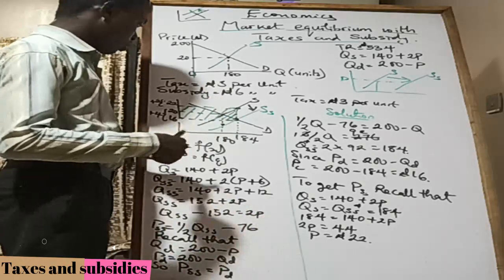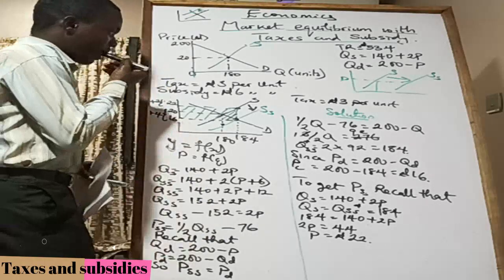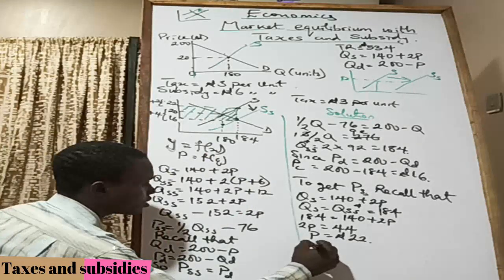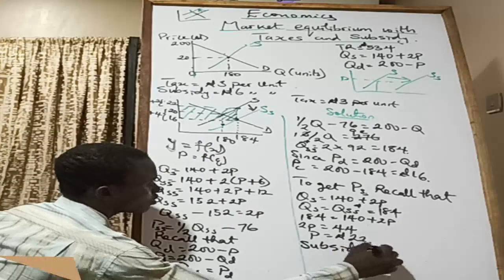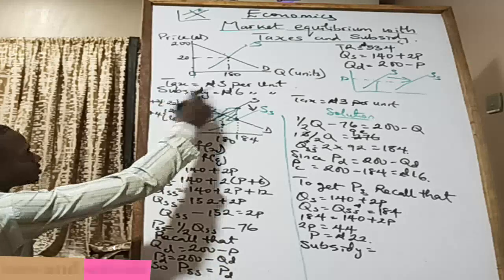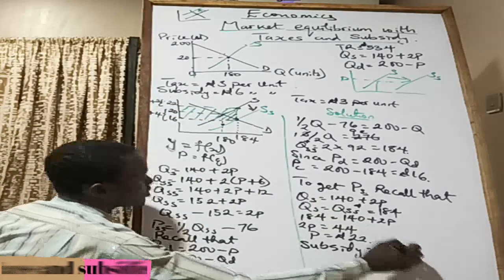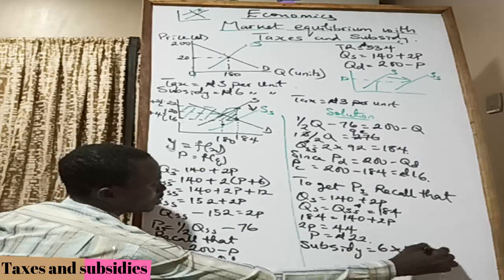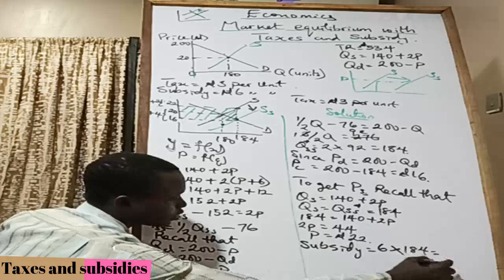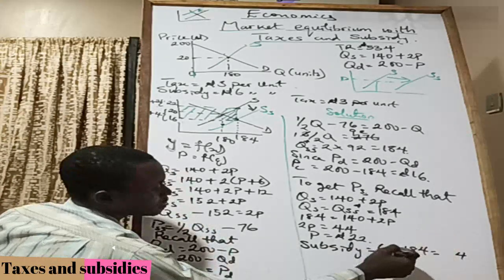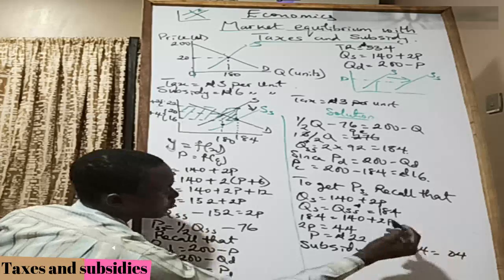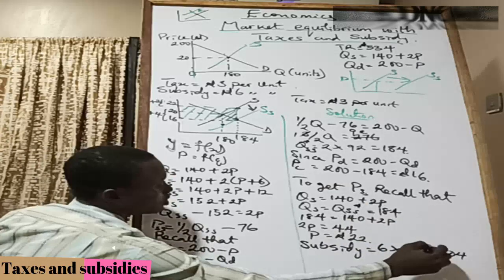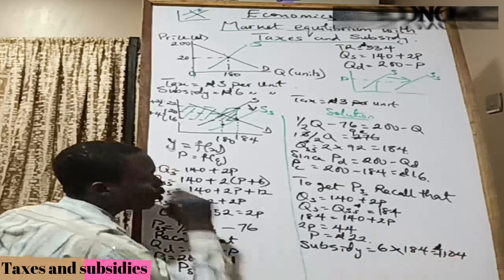Is the area a rectangle again? 6 multiplied by the length 184. Okay, 6 times 4 is 24, 4 keep 2. 6 times 8 is 48 plus 2 is 50, 0 keep 5. 6 times 1 is 6 plus 5 is 11. So 1104 naira.